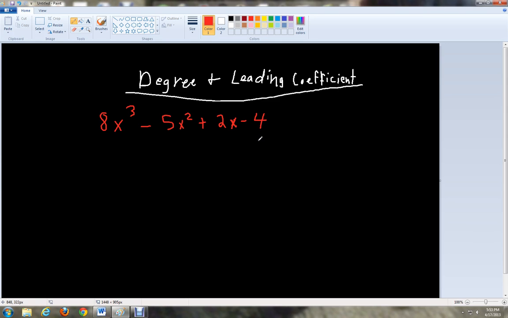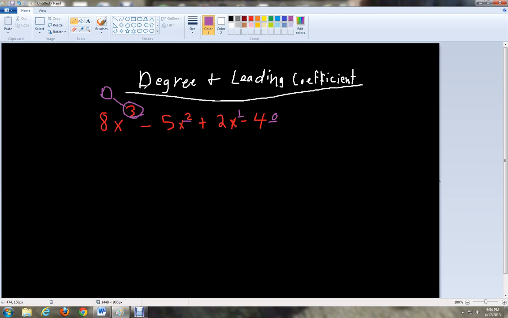So the degree would be the largest exponent that we see in this polynomial. So we start looking at the exponents. We have 3, 2, this is 1, and the degree of a constant term is 0, right? So we take the largest exponent, which is 3, and this would be our degree for the polynomial. So this is a degree 3 polynomial.